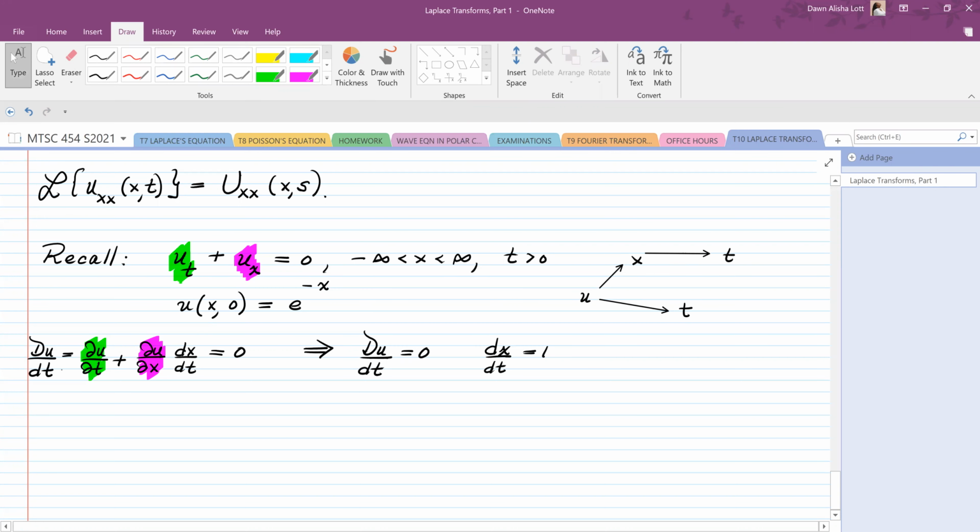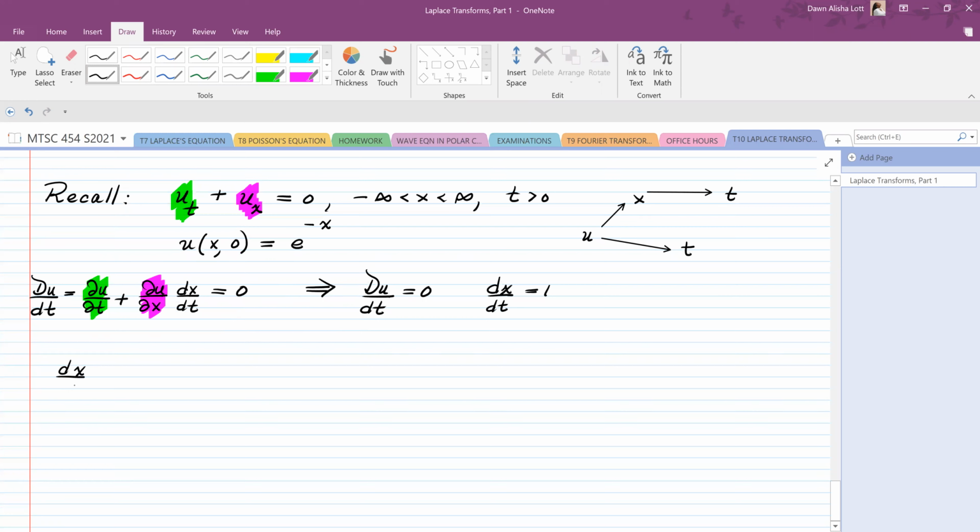So dx/dt equal to 1 implies that x is equal to t plus a constant. And x equaling x naught when t is equal to 0 says that x is equal to t plus x naught. These are our characteristics. So this takes us way back to the method of characteristics.